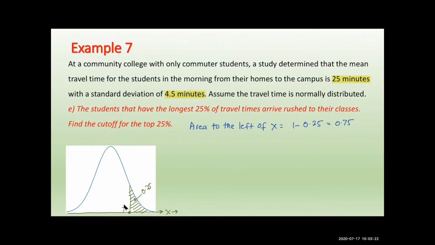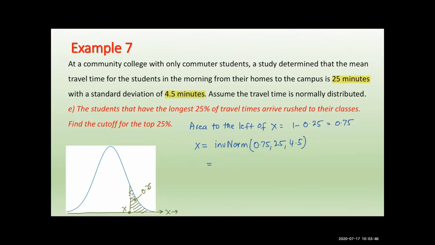So 75% of the area is on the left. Now in our calculator, to find that x, we can use x equal to inverse normal, area to the left 0.75, mean is 25, standard deviation is 4.5.